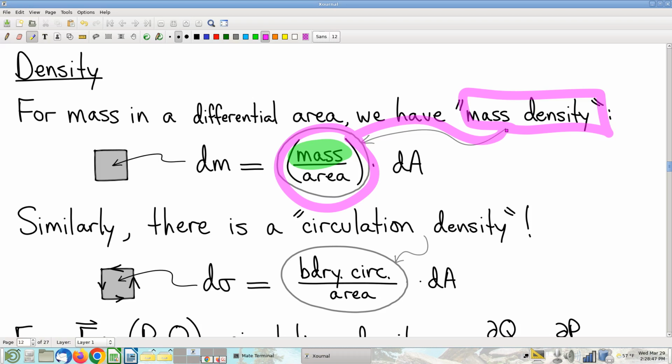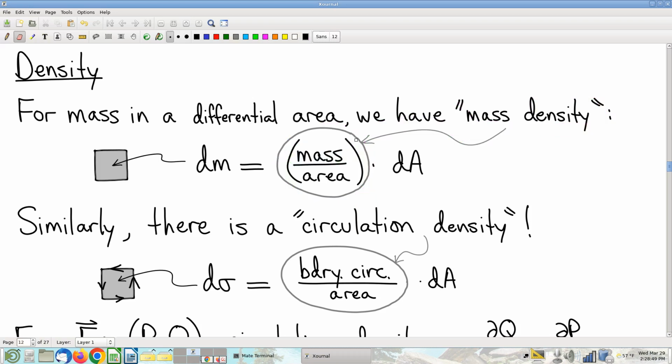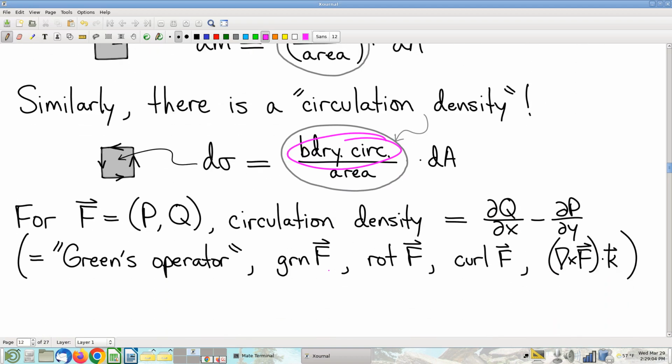So now the eyebrow-raising but ultimately reasonable analogous idea is to say, well, you know what? It's the same with boundary circulation. Boundary circulation also I can think of as associated to an area. It's an accumulating quantity over areas. I can talk, therefore, about the amount of boundary circulation there is for a given area.